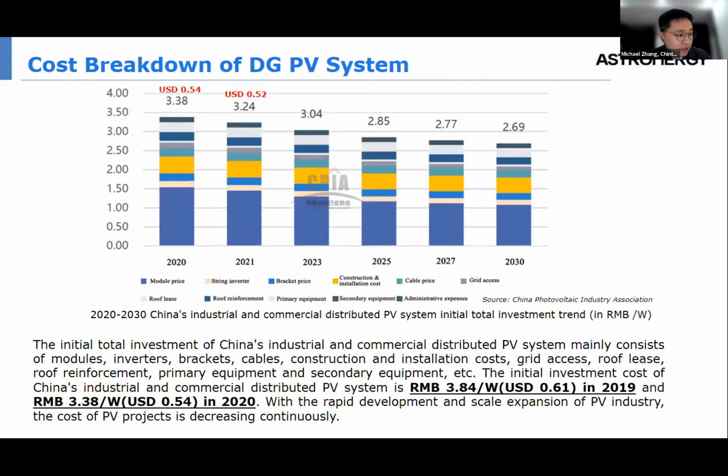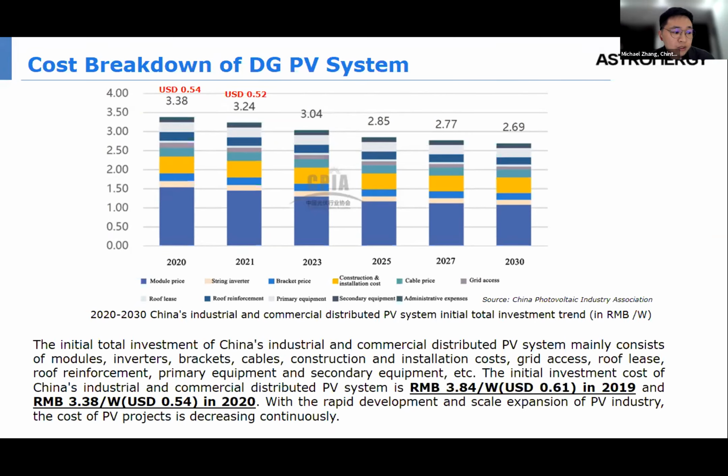On this slide, we are demonstrating the cost of a DG PV system. The unitary cost of a system was only 54 cents per watt last year, and this year we have seen 2 cents less, and we are expecting lower and lower prices for the next decade.